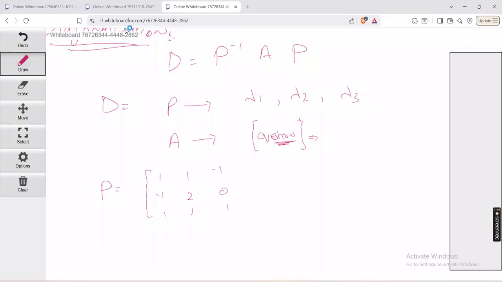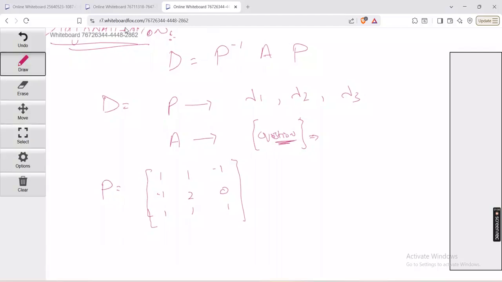This is your matrix P. Now what is your matrix A? Your matrix A was 1, 1, 3, 1, 5, 1, 3, 1, 1.